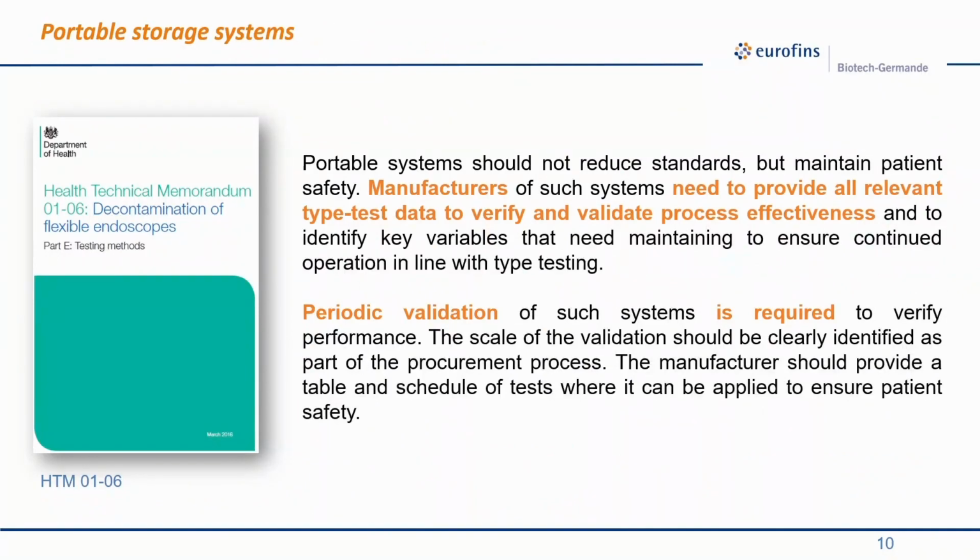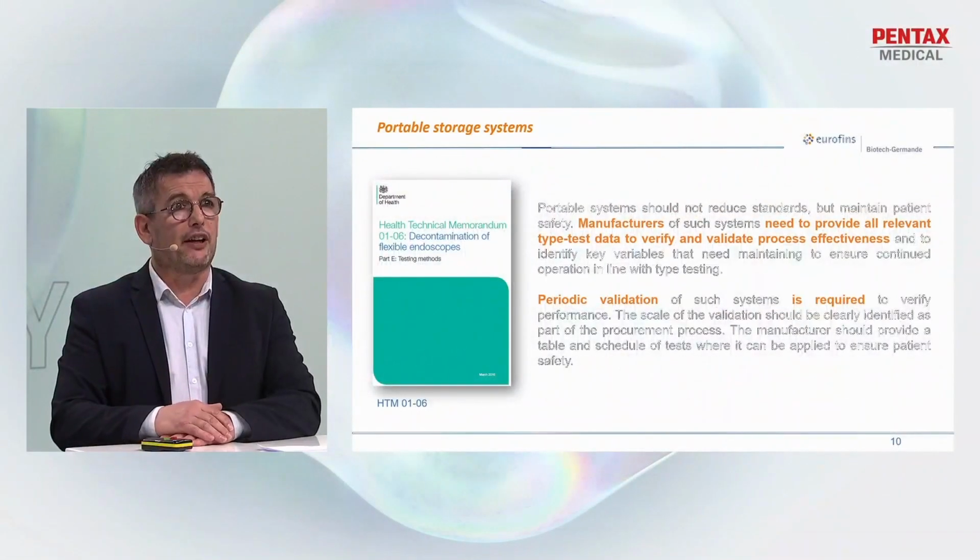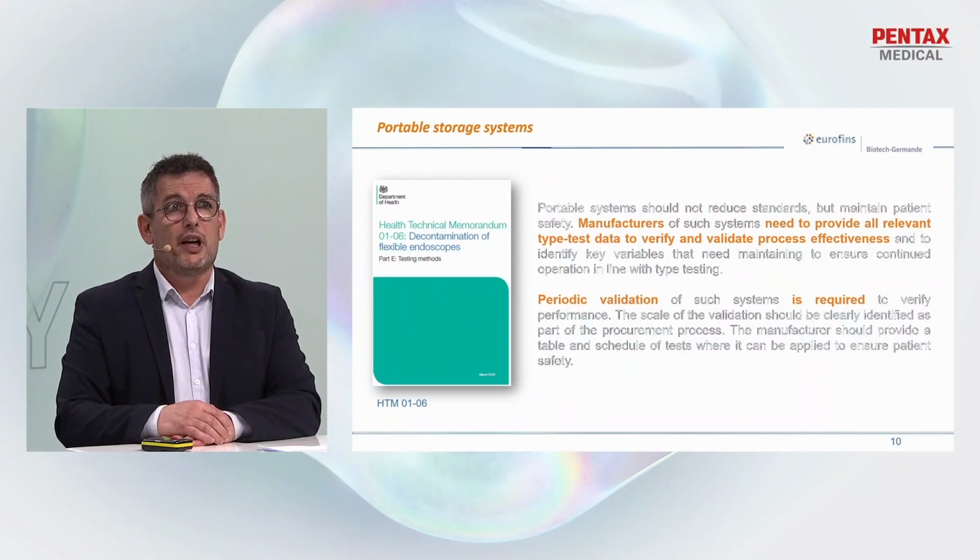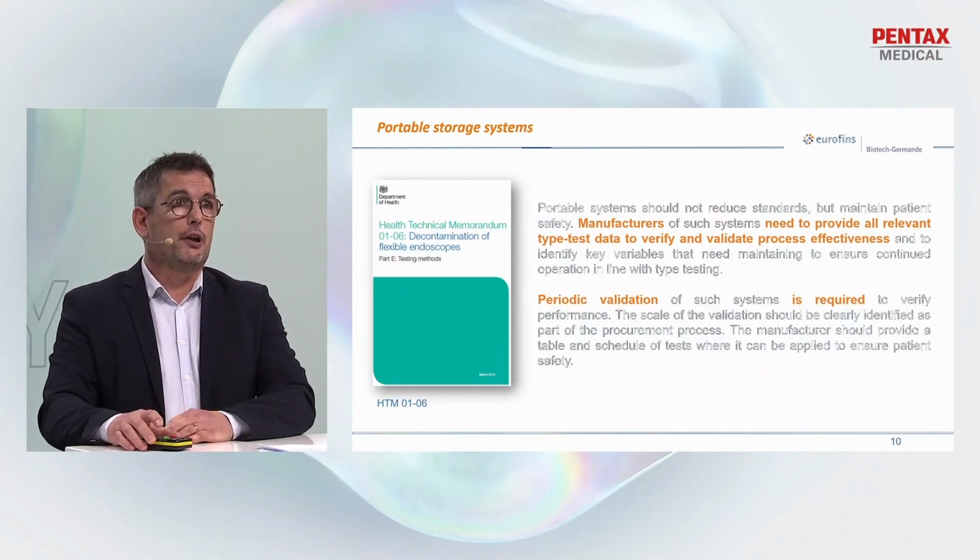And the situation is exactly the same in the UK, where the HTM 0106 clearly indicates that portable system manufacturers need to demonstrate the efficacy of their system using the 16442 standard. They also mention that periodic validation of such a system is required to verify performance.